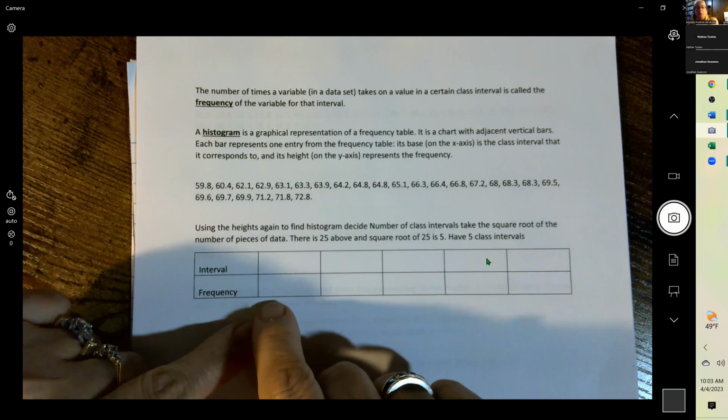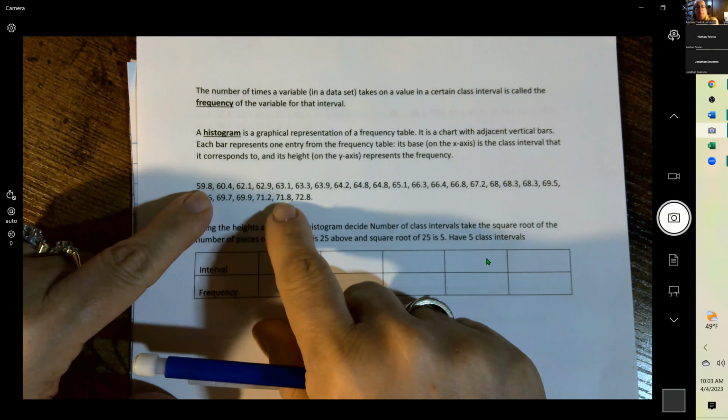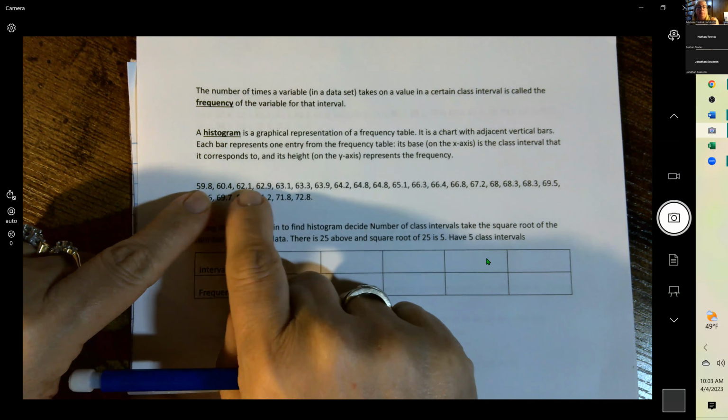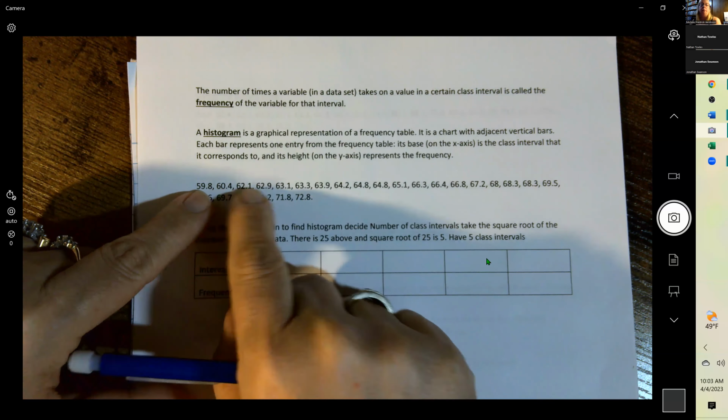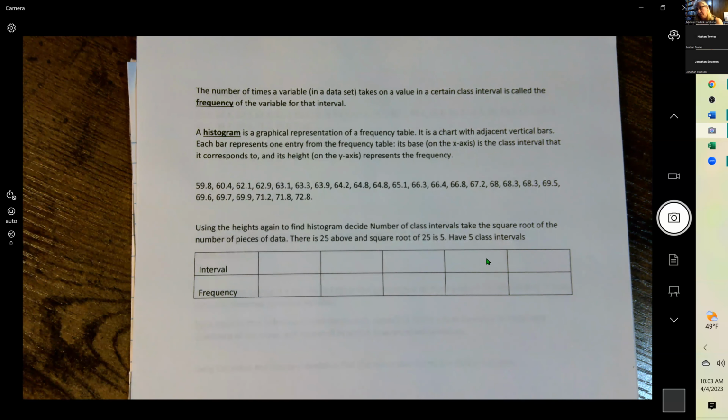But you could also use a range of values, maybe from 59 to 63. There'd be 4. So a frequency can either be within a range of values or it can be one specific value. Like for mode, whichever one had the highest frequency was the mode.